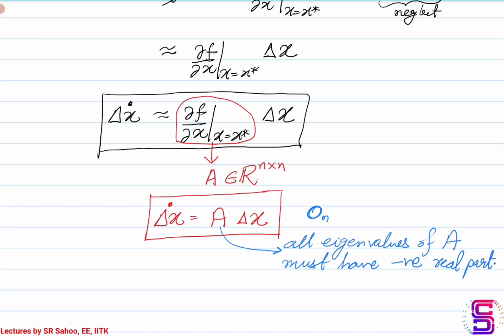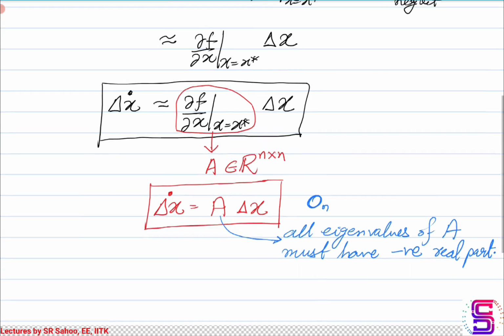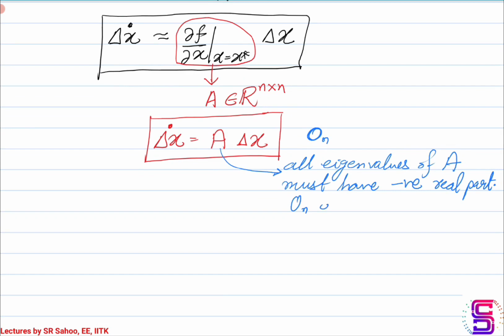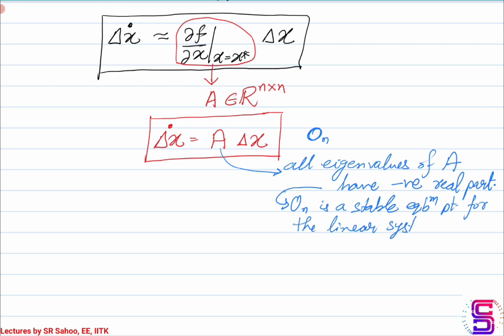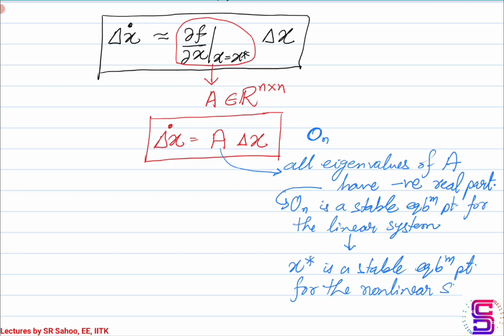So if all eigenvalues of A have negative real part, then this should imply that 0 n is a stable equilibrium point for the linear system obtained after linearization, which means x star is a stable equilibrium point for the nonlinear system x dot equal to f of x.